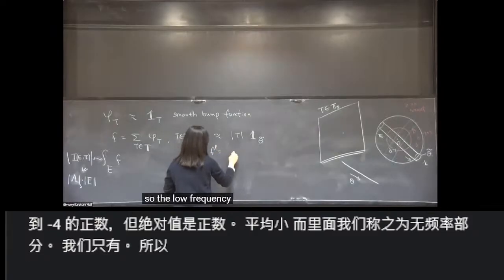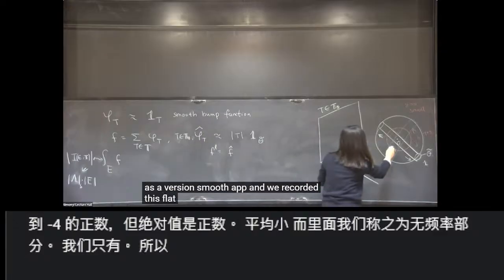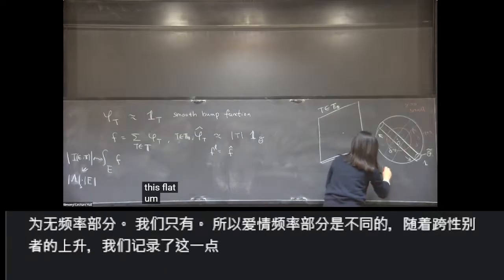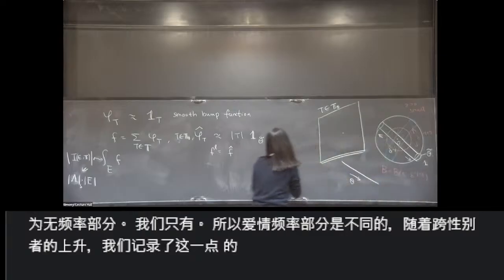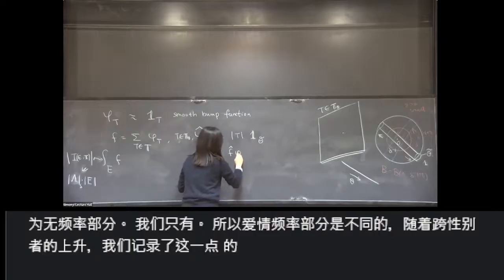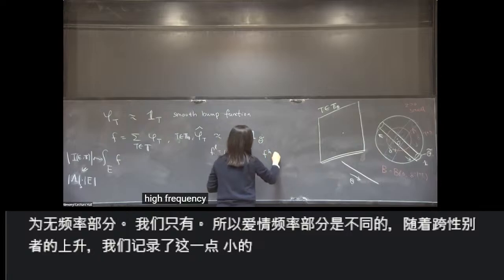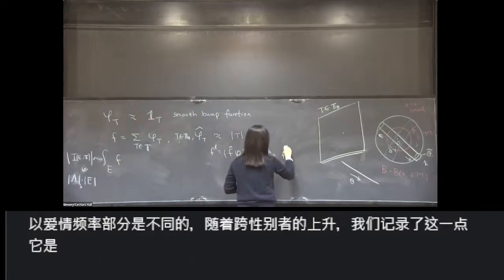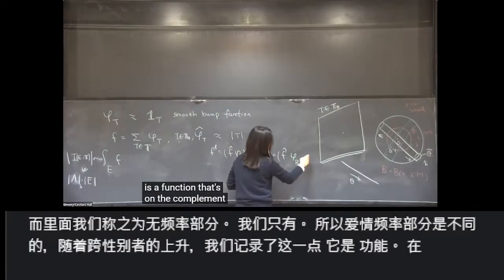So the low frequency part is defined as the Fourier transform of f in the ball of radius delta to the -1 plus epsilon centered at the origin, times a smooth bump function at b, then the inverse Fourier transform. And the high frequency part is the function on the complement of b.